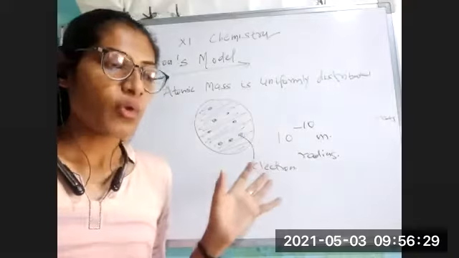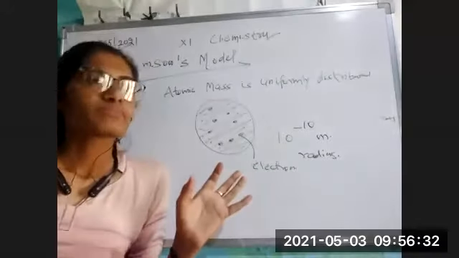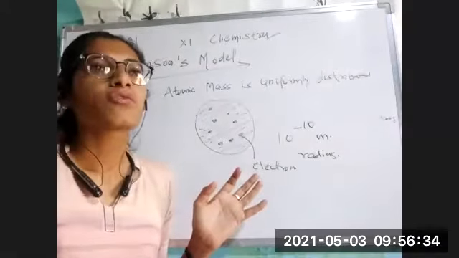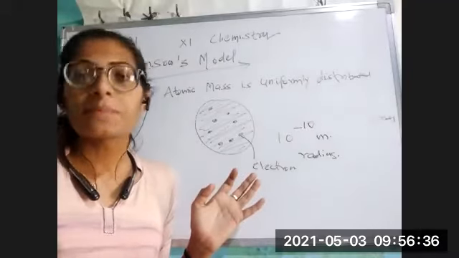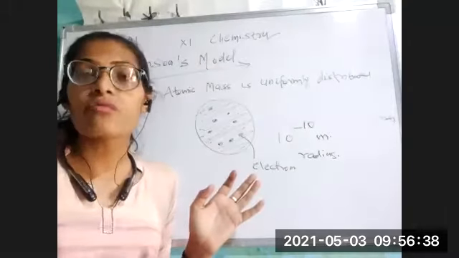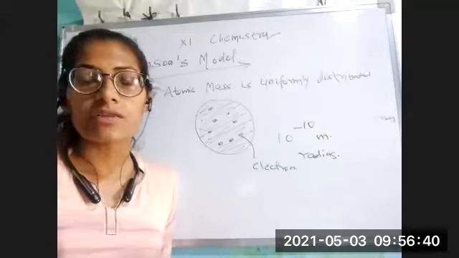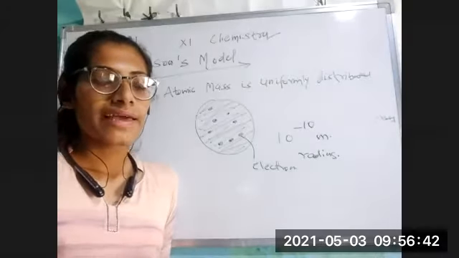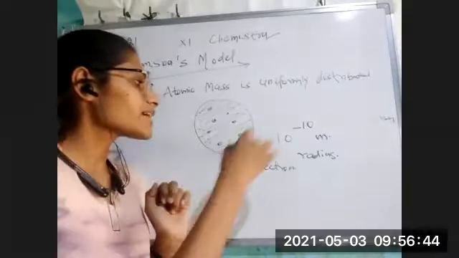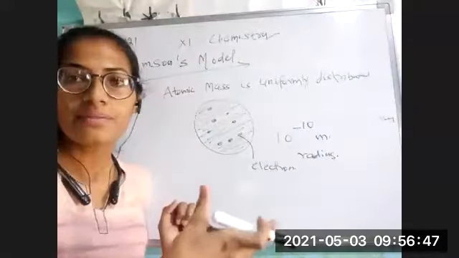This model was represented by many names, like plum pudding or watermelon. You can easily visualize that. Assume this is a watermelon.